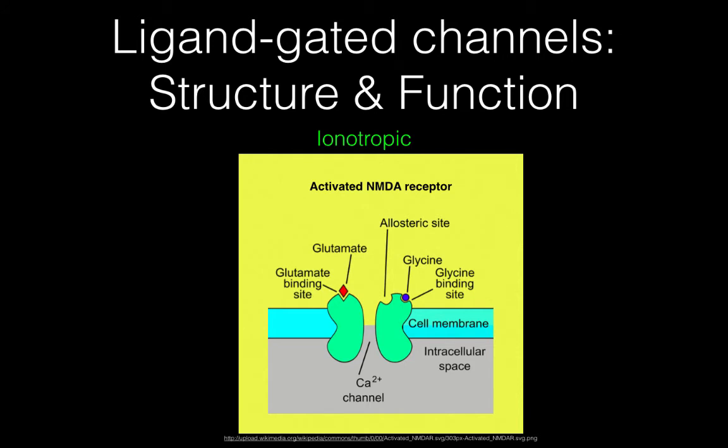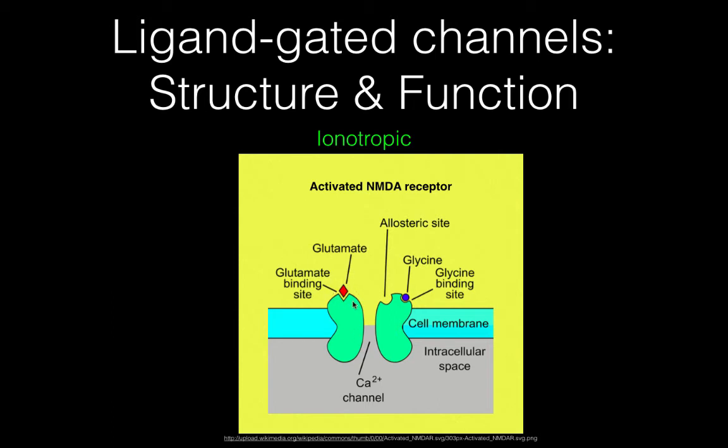There are also ligand-gated channels in our nervous system. Specifically, we would call this an ionotropic receptor. Glutamate, which is a major excitatory neurotransmitter in the nervous system, is able to bind to the receptor, and this ionotropic receptor acts as a classical ion channel.